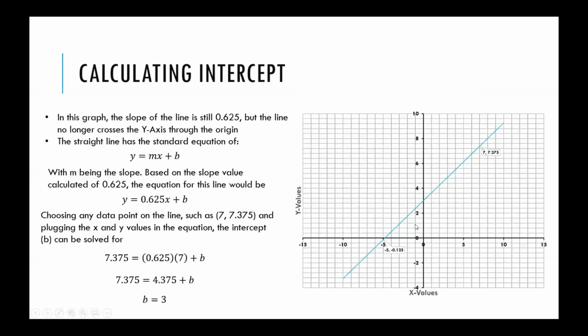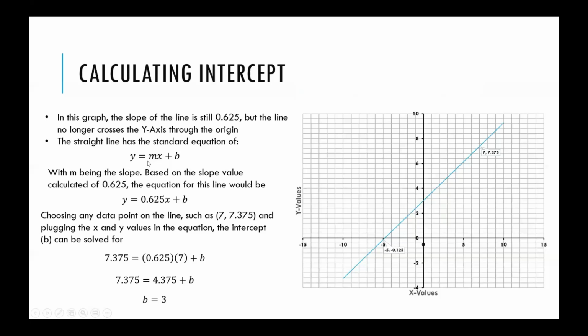So if I have this line, now I have two different data points. If you go through the slope calculation, these two data points will give you the same exact slope, 0.625. But I can pick one of these data points, a point that's exactly on the line itself. And if I know the slope, I can solve for what the intercept is. The equation for a straight line is y equals mx plus b.